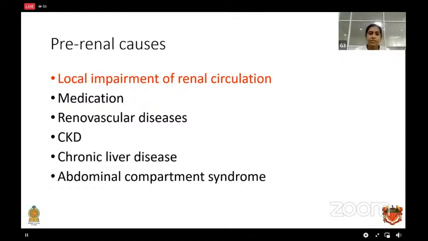Then if the patient has chronic kidney disease, on top of that the patient can get acute kidney injury. Liver impairment can lead to hepatorenal syndrome. And abdominal compartment syndrome, which means increased intra-abdominal pressure, affects the renal circulation. So those are the pre-renal causes.